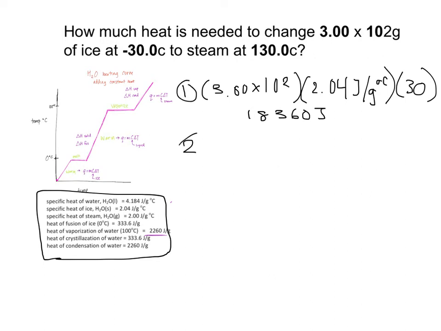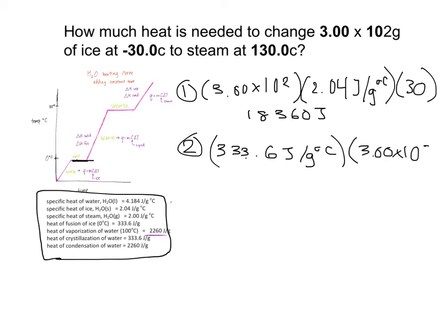For the second one, on the chart, you're melting. So you'll have 333.6 joules per gram times the mass, so it'll be times 3.00 times 10 to the second.